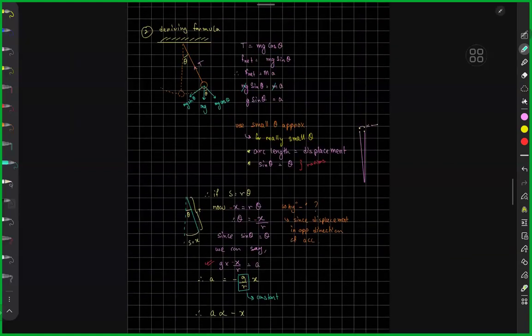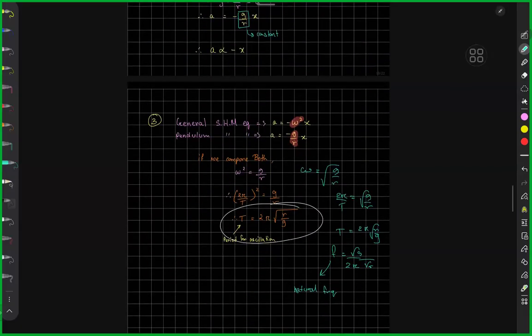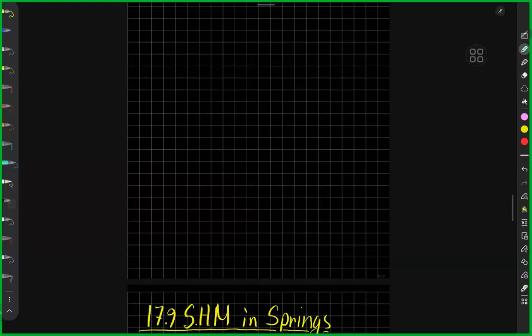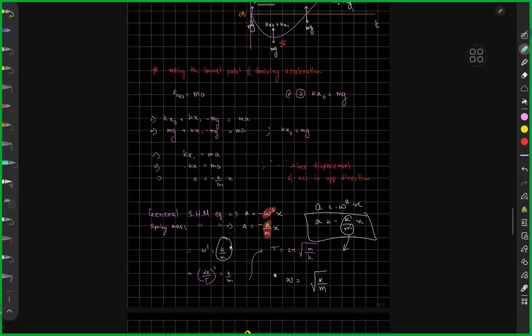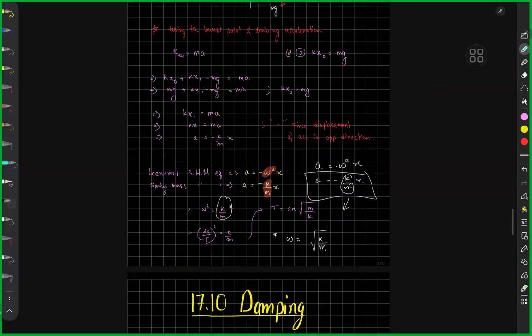And we determine that by comparing the omega square value to whatever the constant is in whatever system you're working with. In a pendulum, this is g by r. In case of mass and spring, it's k by mass, where k is the spring constant. So it differs with different scenarios.